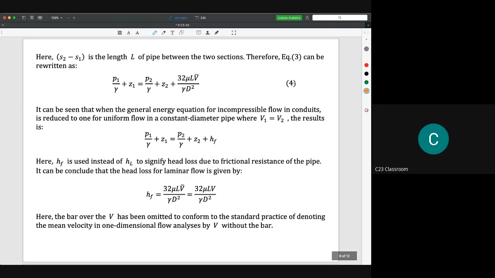Okay, so as I said, this is just to show that from the Navier-Stokes equation, from the Poiseuille flow, we simplified and get the terms here, and finally this term could be reflected as hf, the losses in pipe. Previously you already know how to calculate the major loss and minor loss inside a pipe by using the Bernoulli equation.